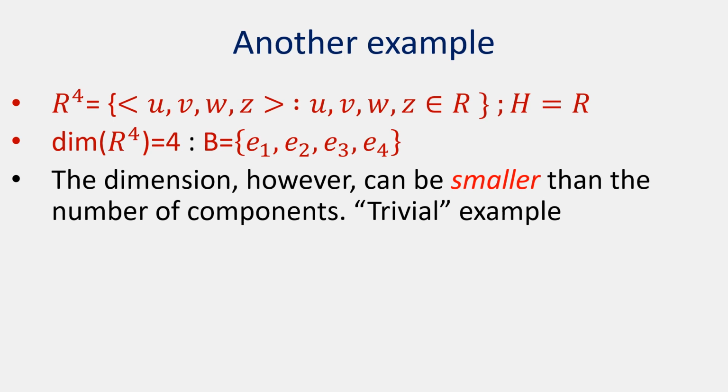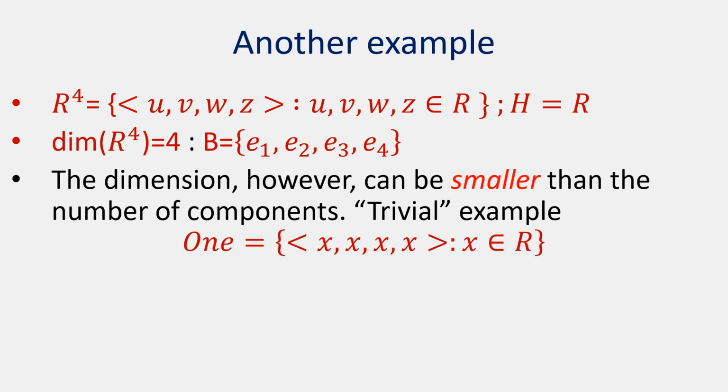Now it might seem that the dimension of a collection of n vectors is usually going to be n. But it can turn out that the dimension of a vector space can be smaller than the number of components in the vector. So here's a rather trivial example.